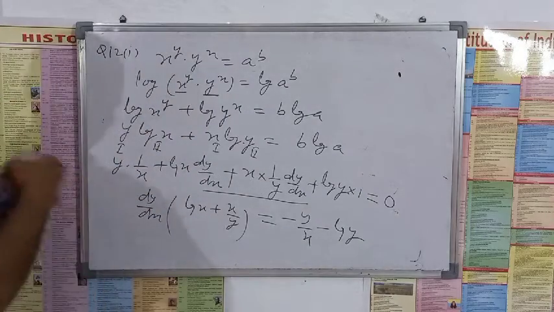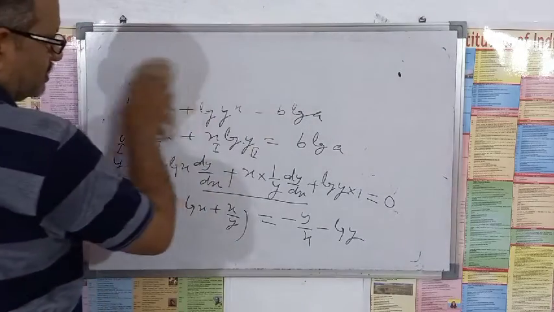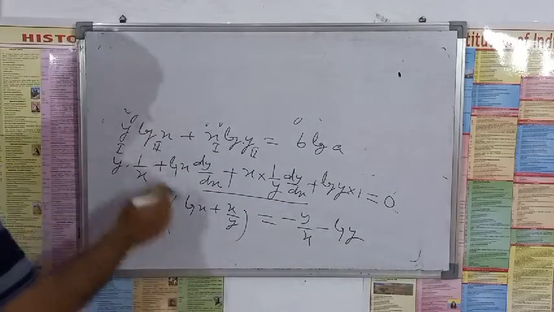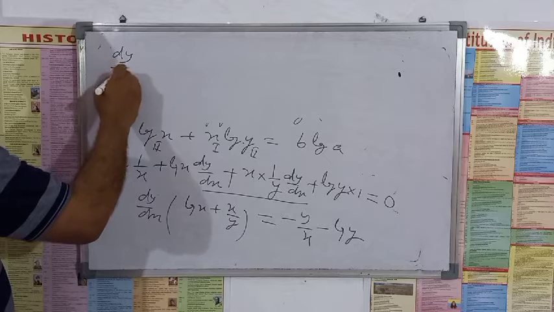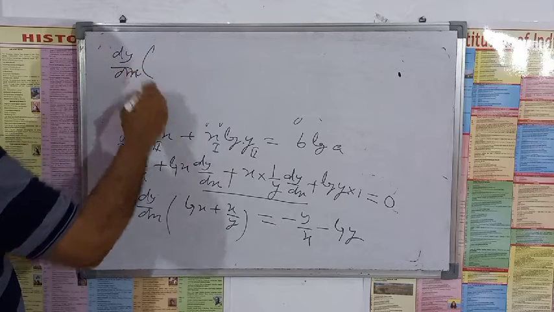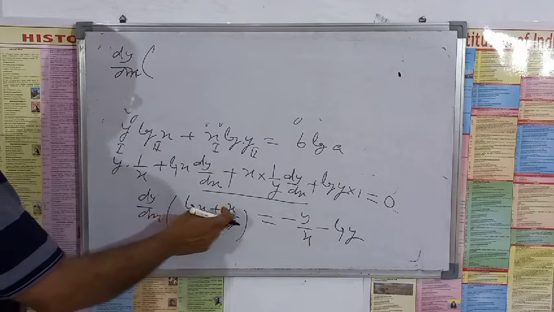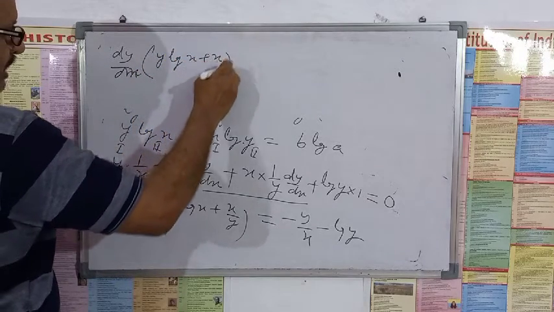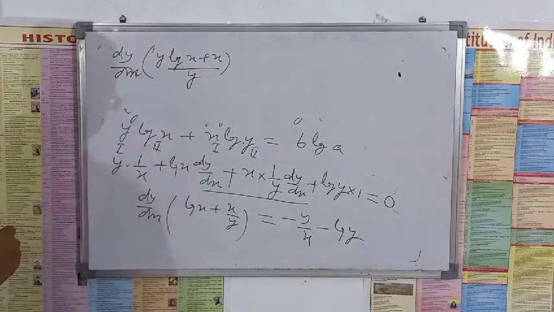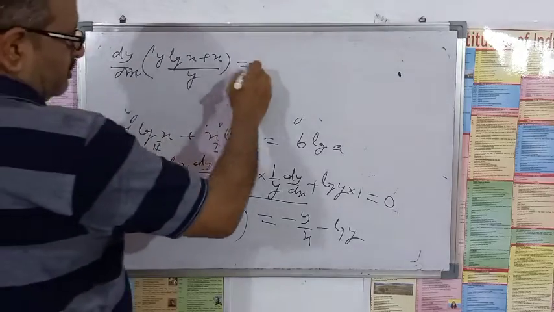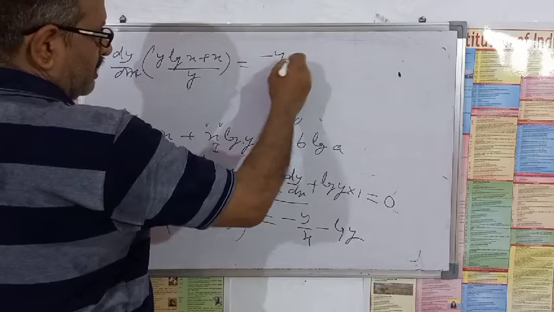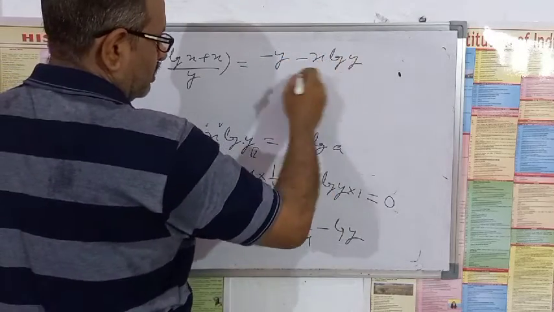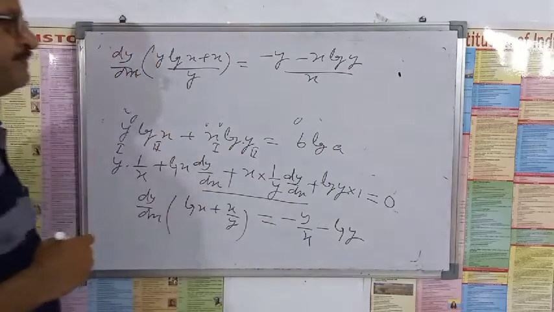Now simplify it. Take the LCM here. It is y log x plus x upon y, that is (y log x + x)/y, is equal to minus y by x minus log y, so minus y minus x log y upon x.